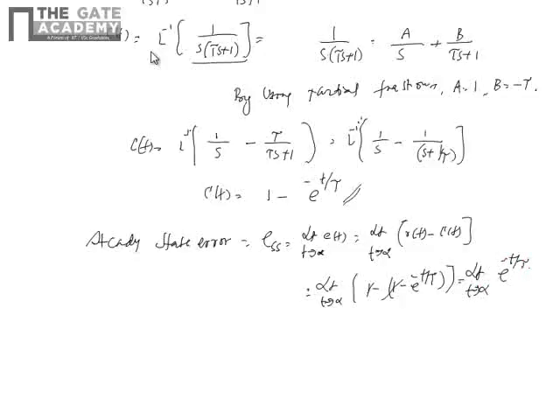When t tends to infinity, this becomes 0. So the steady state error is 0. Now the system behavior: there is no steady state error, and c(t) will look like this.